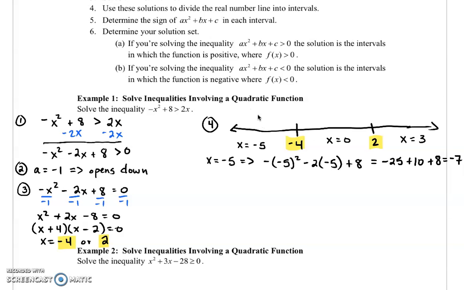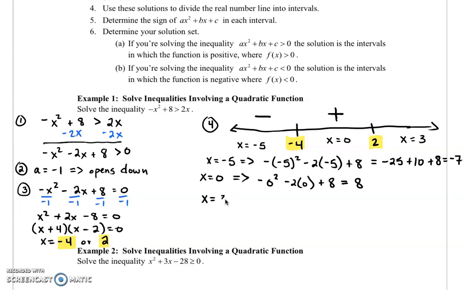So in this interval, it's negative. Let's do the same thing for x equals 0. If we put 0 in for x, we have negative 0 squared minus 2 times 0 plus 8, which equals a positive 8. So that expression is positive between negative 4 and 2.